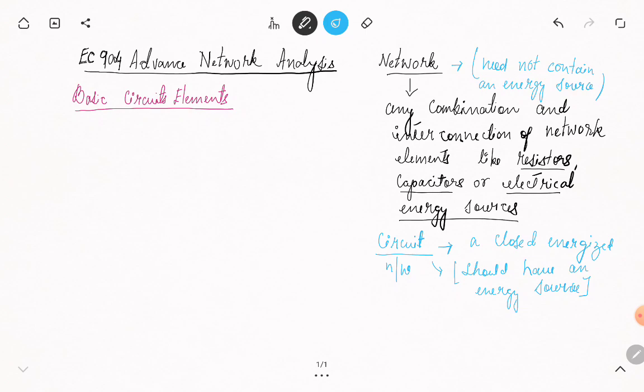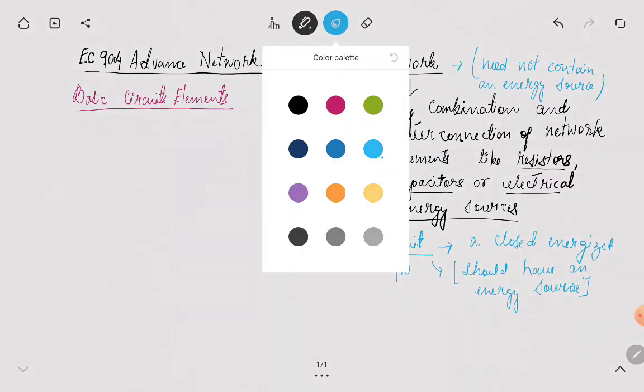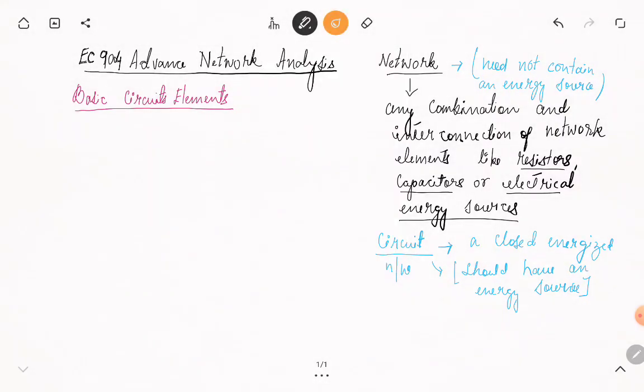So that's why a circuit must contain an energy source. Therefore you can say that all circuits are networks, but all networks are not circuits.